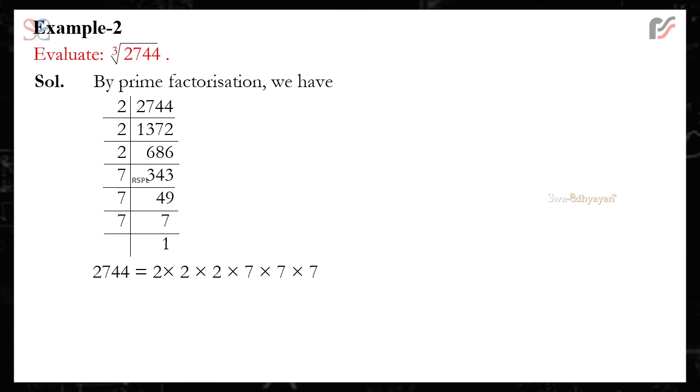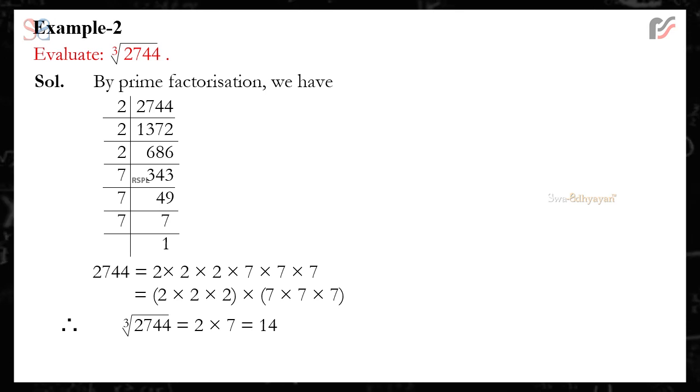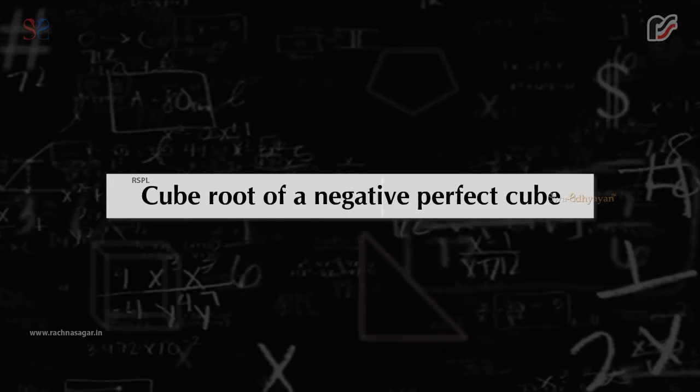2744 is equal to 2 into 2 into 2 into 7 into 7 into 7, which is equal to 2 into 2 into 2 into 7 into 7 into 7. Cube root of 2744 is equal to 2 into 7, which is equal to 14. Cube root of a negative perfect cube.